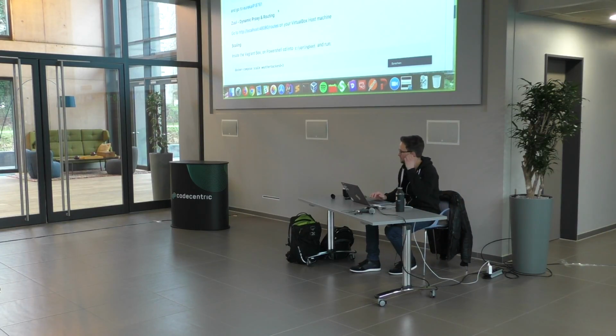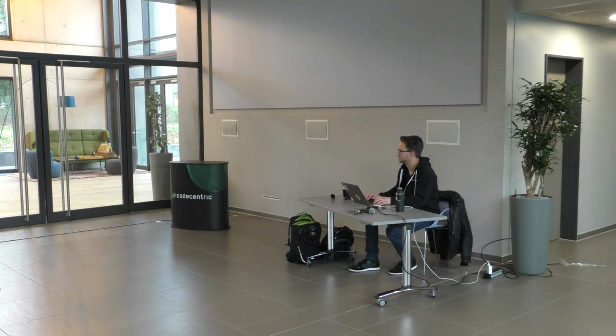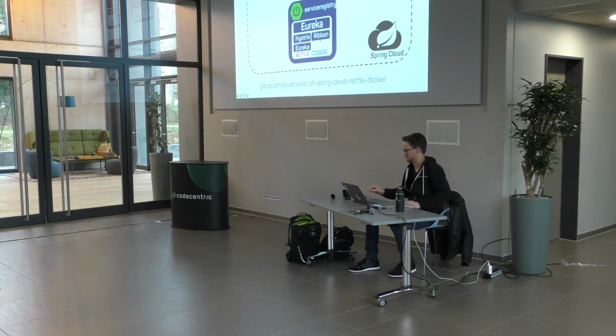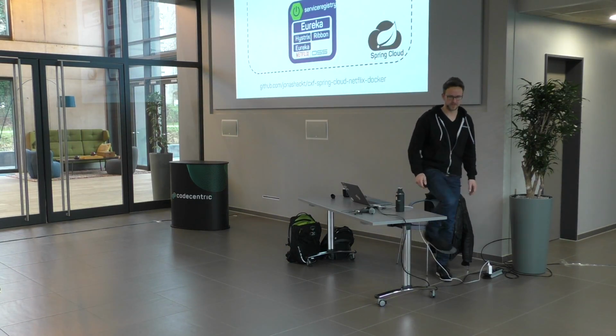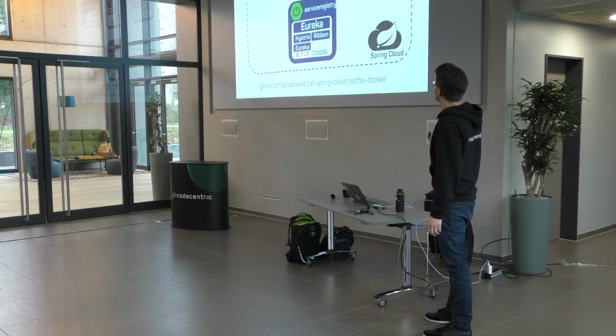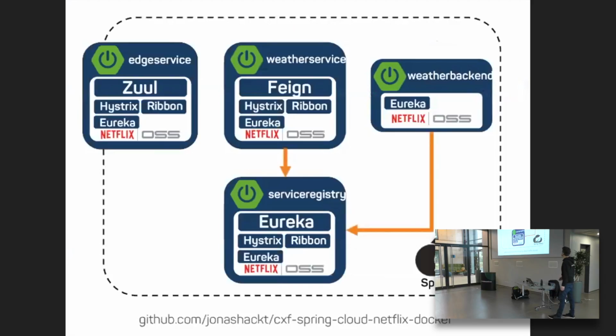Yeah, right. The Zuul gets the routes from Eureka, which is a quite not that well documented feature, I think. So all the apps did register to Eureka, and then Zuul just takes the routes and generates them dynamically.